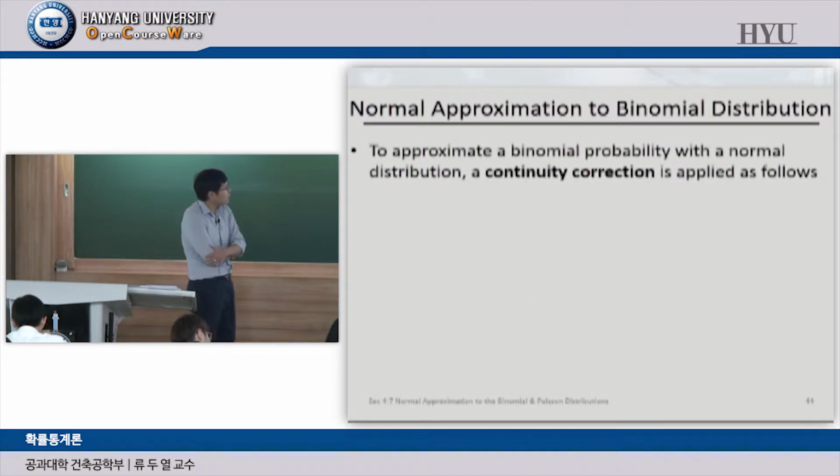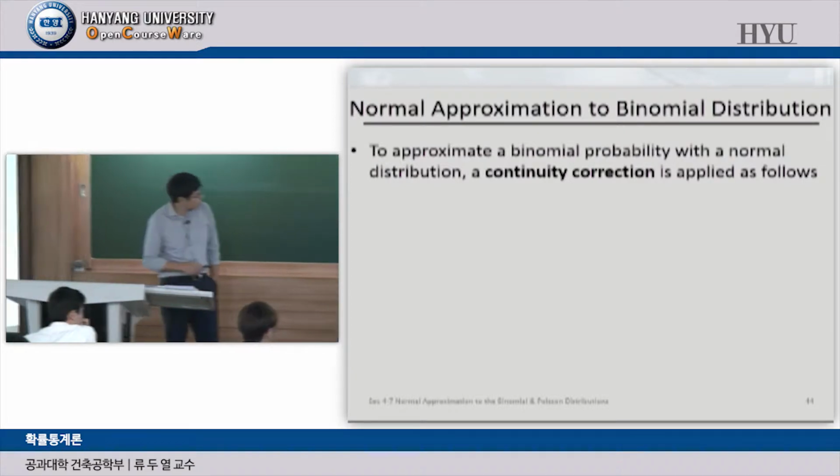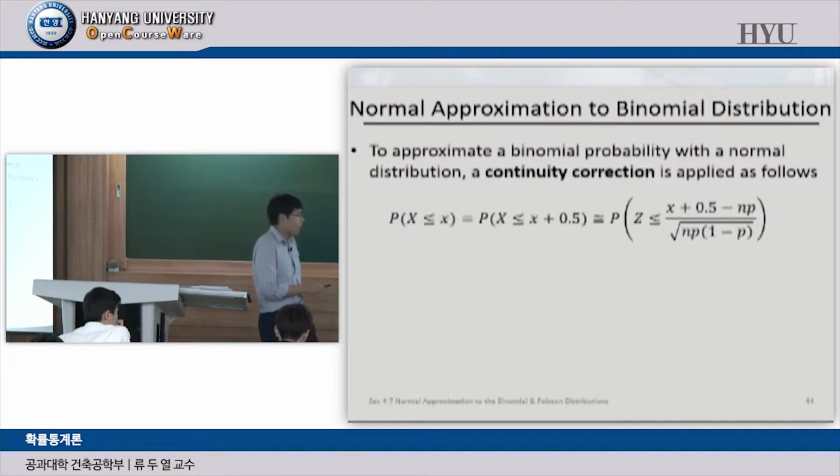To approximate a binomial probability with a normal distribution, a continuity correction should be applied as follows. The probability of X smaller than or equal to small x should be equal to the probability of X smaller than or equal to x plus 0.5.